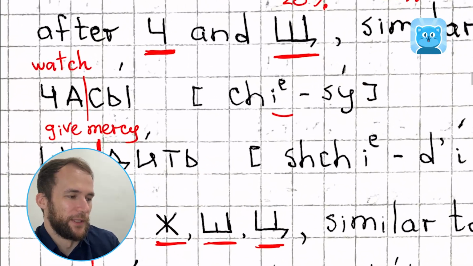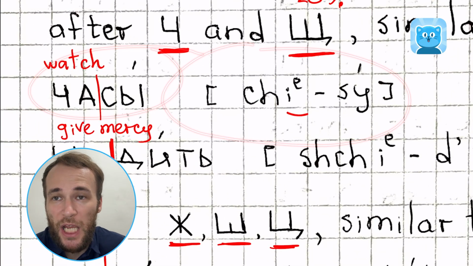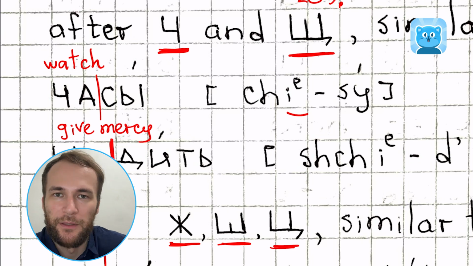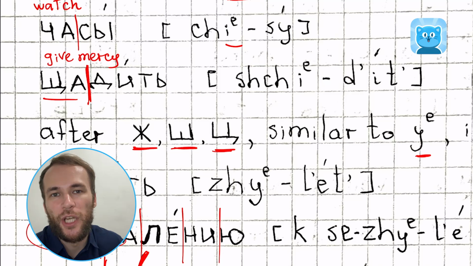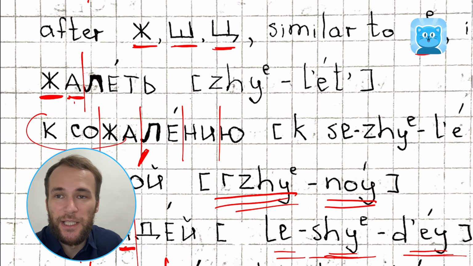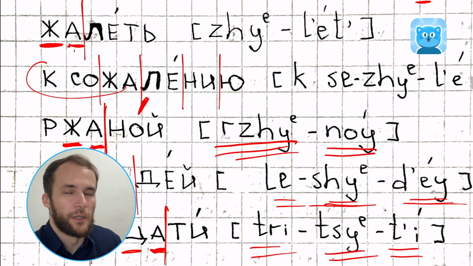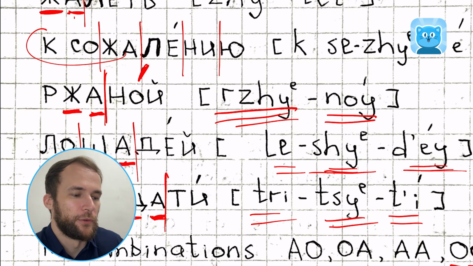Or for example, if you say this word with the wrong vowels, everybody will still understand you, but it doesn't sound correct at all, right? Жалеть, no, жалеть. Or ржаной, no, ржаной.